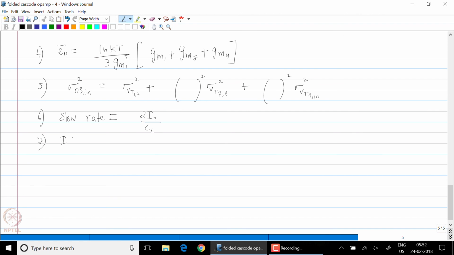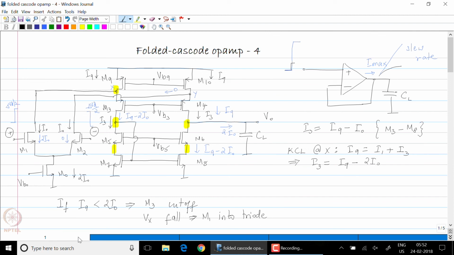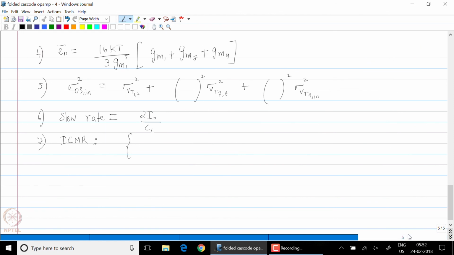The input common mode range, we have seen this. The input common mode range is decided by when M0 goes into triode and when M1 goes into triode. So as the voltage keeps decreasing, M0 will eventually hit the triode region when the input common mode range is VDSat0 plus VGS1.